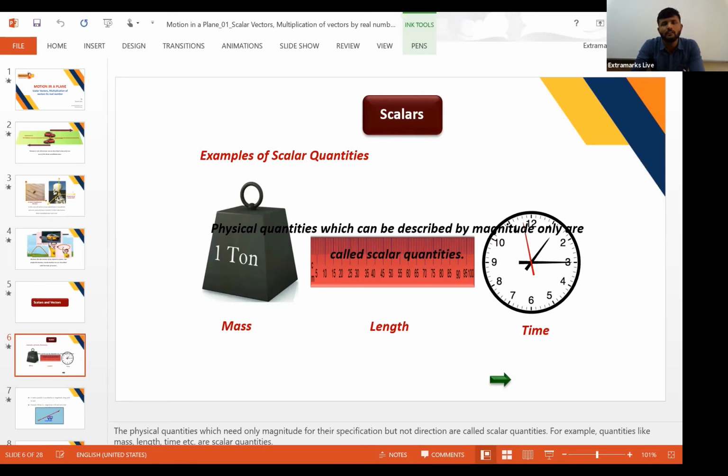So it becomes a vector one. The following examples of scalar, as you can see on screen, are mass, 1 ton, metric ton, kg, milligram, gram. We have length, time. All these quantities are scalar quantities.